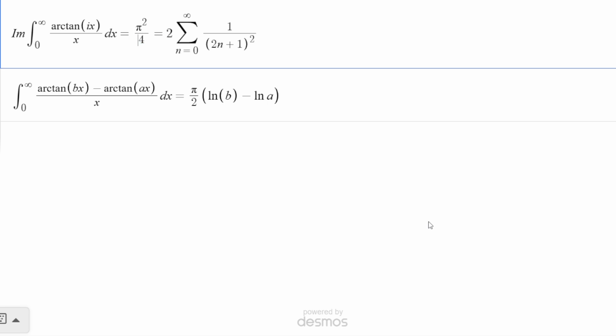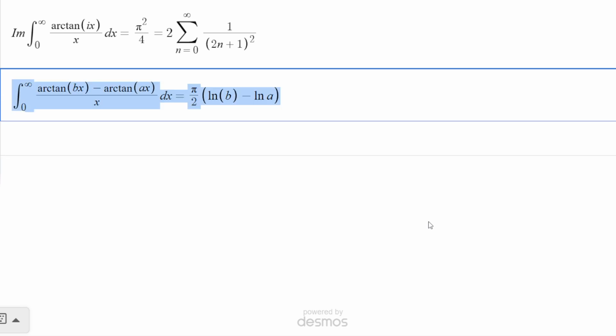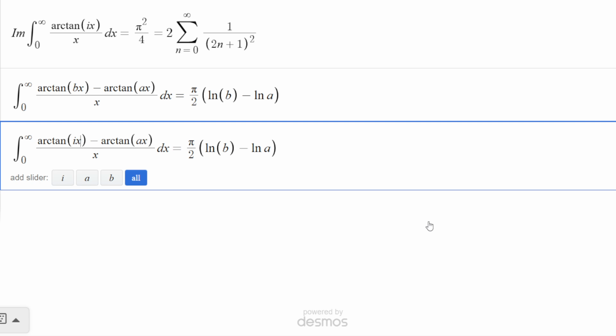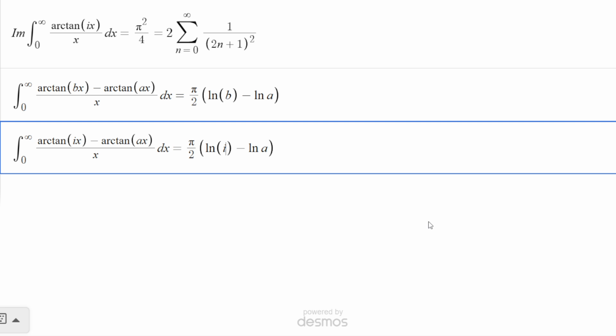So what does it look like we have? Let's just plug in b is equal to i. We're not going to plug in anything for a, because a in this case is going to be a real parameter. So we're just going to plug in i for b.